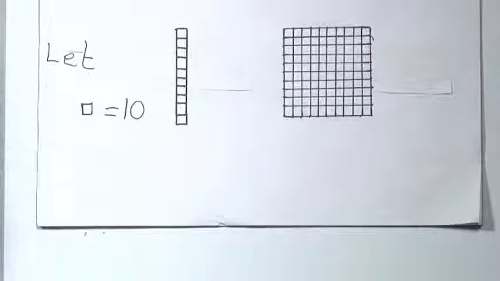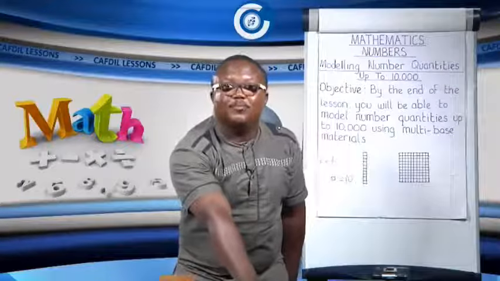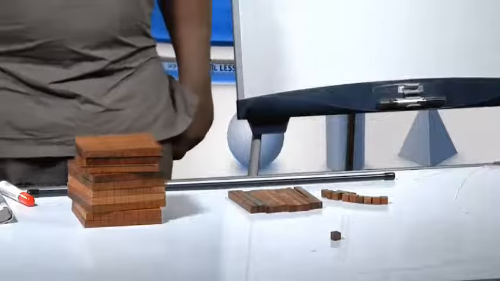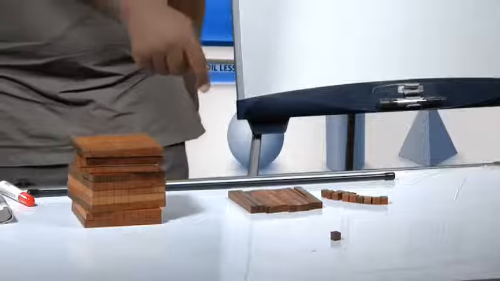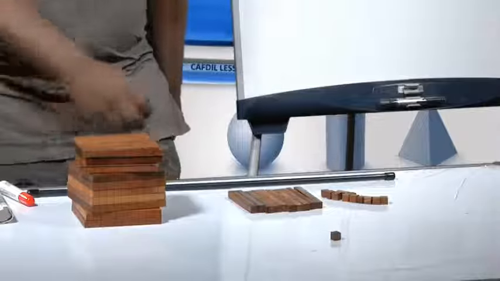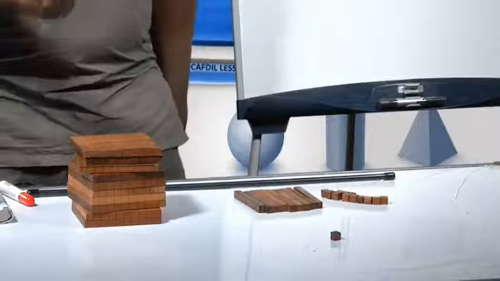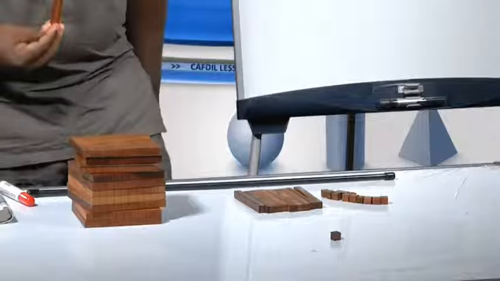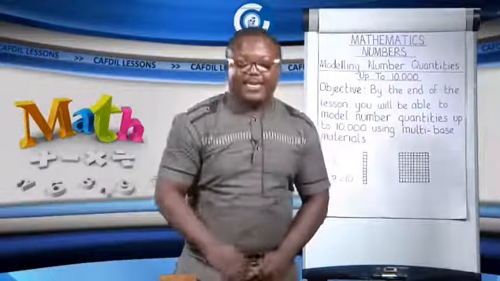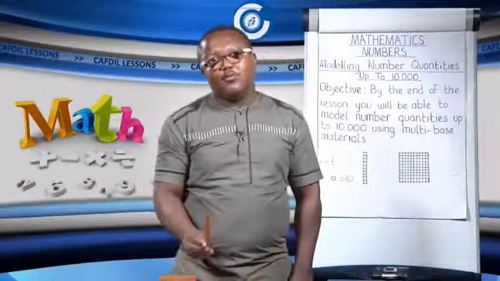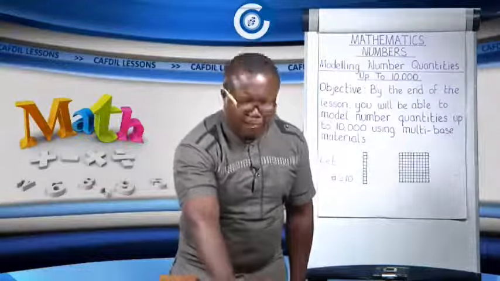This is the cube. We want to represent this cube as 10. So learners, if you represent this cube as 10, then what will be this long? The long will be what? If this cube is 10, then this long will be what? We want to try that one and see.